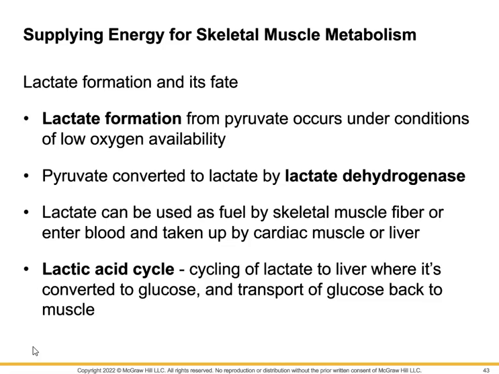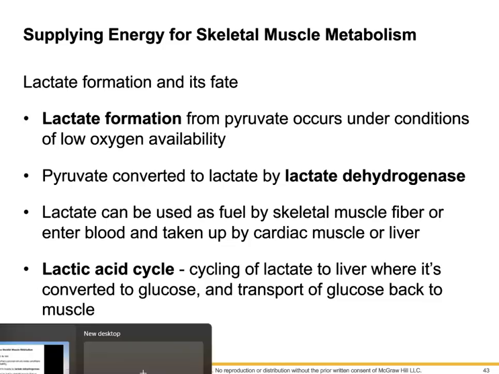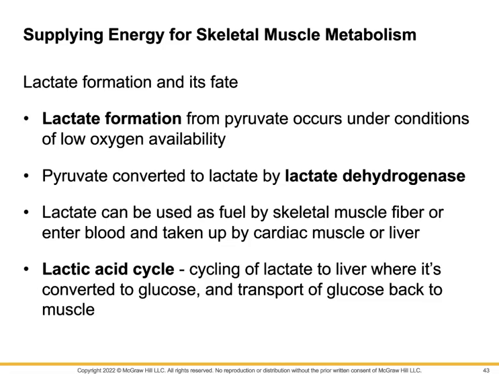That lactate then can be used by skeletal muscle. And how is that skeletal muscle going to use it? It can enter the muscle mitochondria and be converted back to pyruvate, which can be oxidized into CO2 through cell respiration, or it can leave the skeletal muscle and enter the blood.